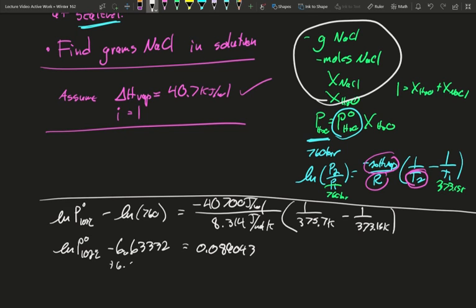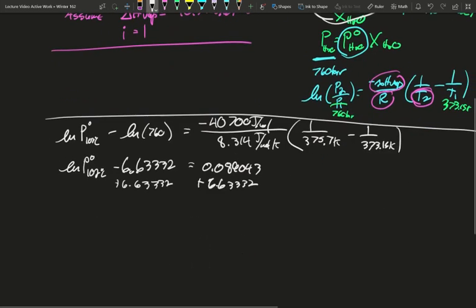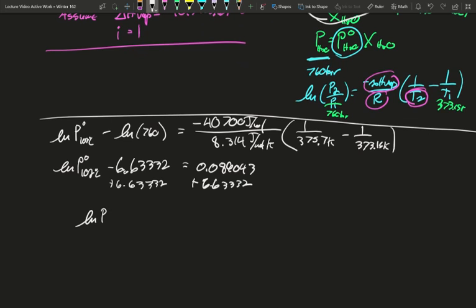I'm going to add 6.63332 to both sides. We'll find that the natural log of the pressure at 102, the pure vapor pressure at 102 Celsius, is going to equal 6.72236. Take e to both sides.